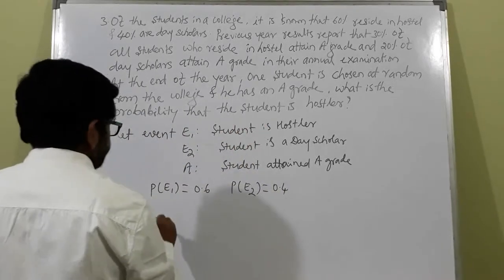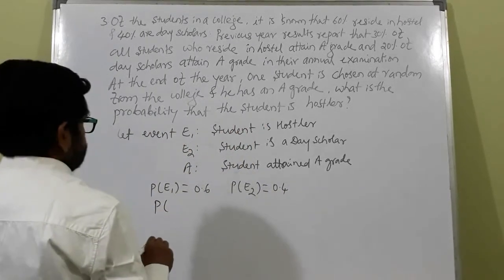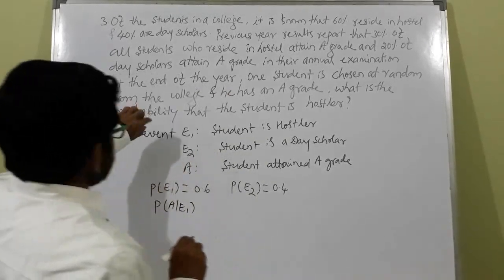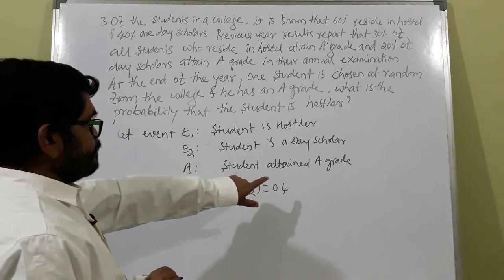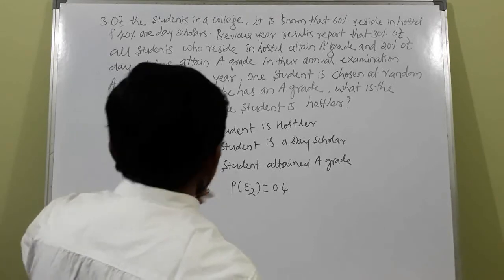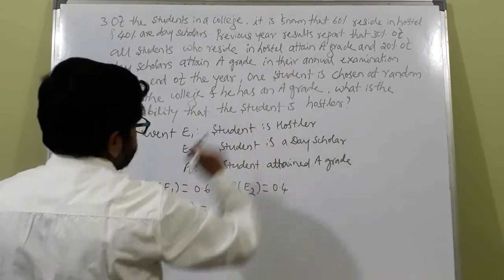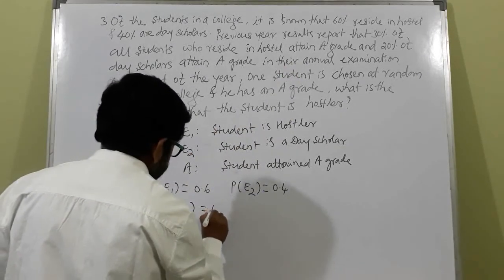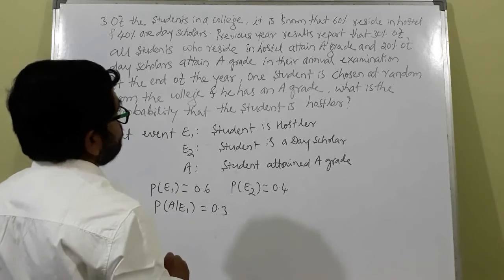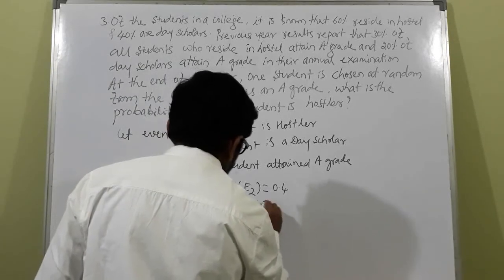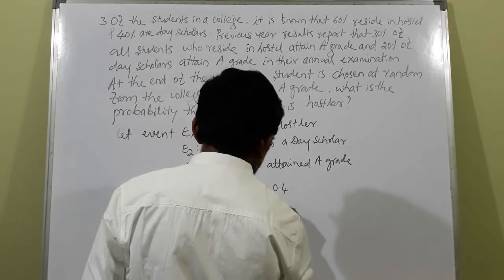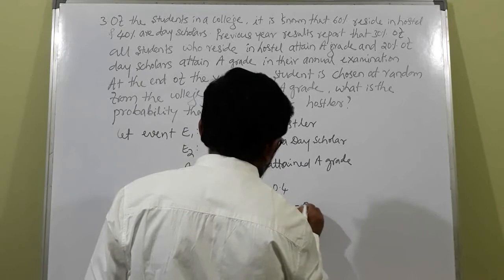Probability of A given E1 means probability of a student who got A grade who resides in hostel is 30%, 0.3. 20% of the day scholars get A grade, so probability of a student with A grade from the day scholar section is 0.2.